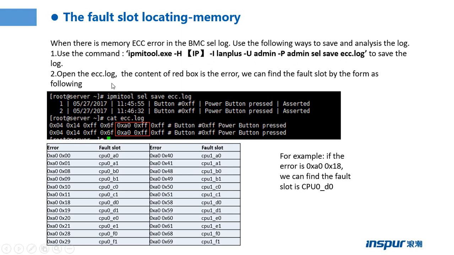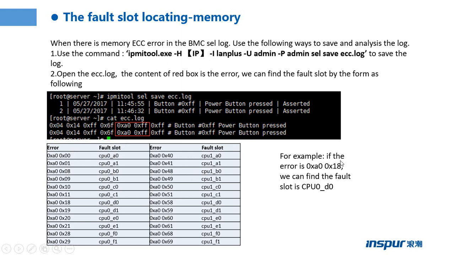Step 2, open the ECC log. Open the server log. The content of the red box is the error. We can find the faulty slot by the form as follows. If we see the ECC error from the log, we can see the red box part. We can follow the form to find the faulty slot.